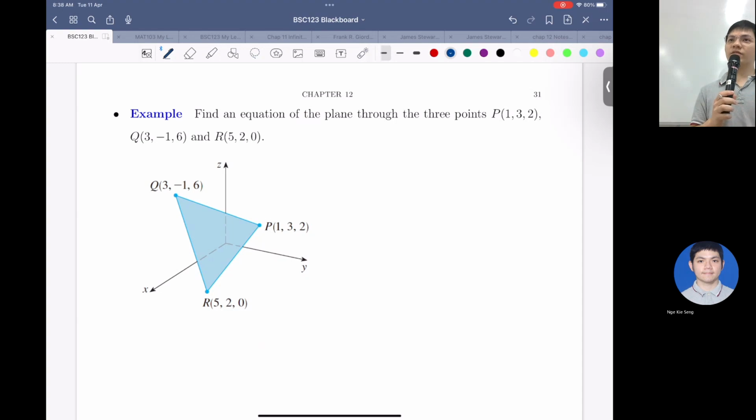How to get this normal vector? Cross product. For the cross product, you need two vectors. How do you get two vectors out of these three points? What vectors can you use?